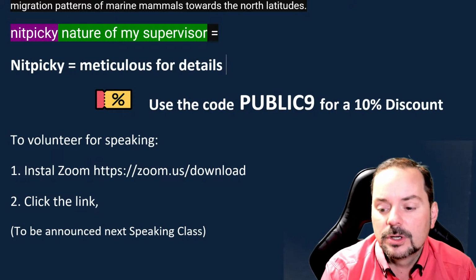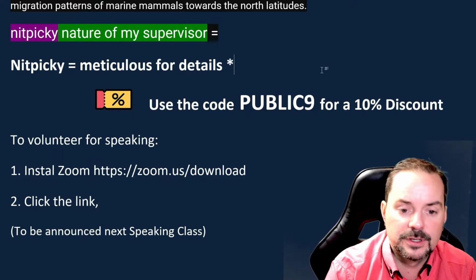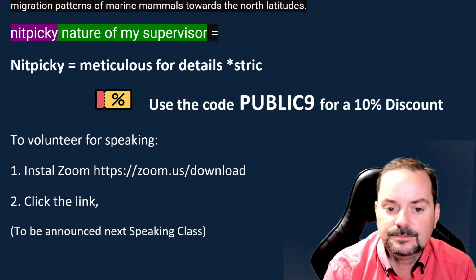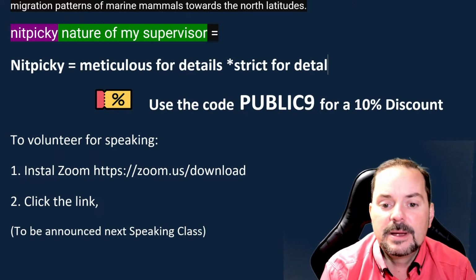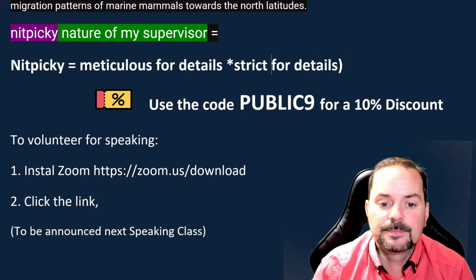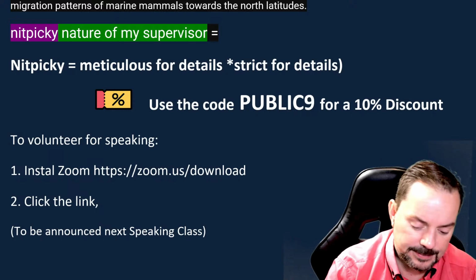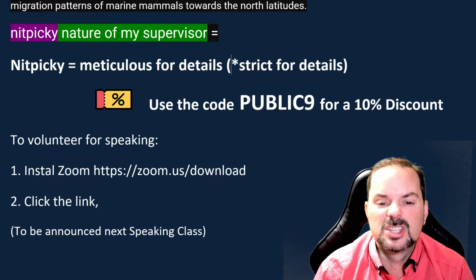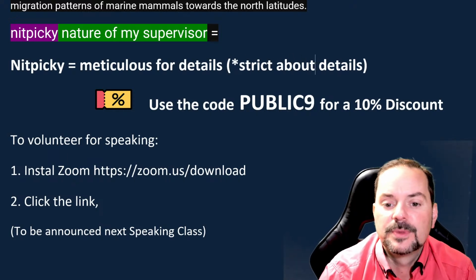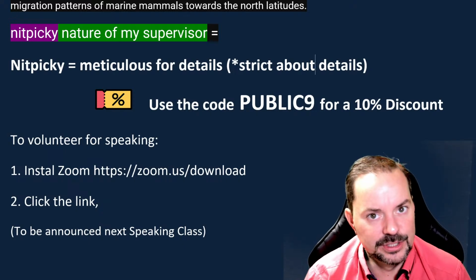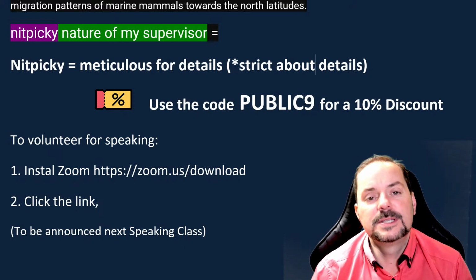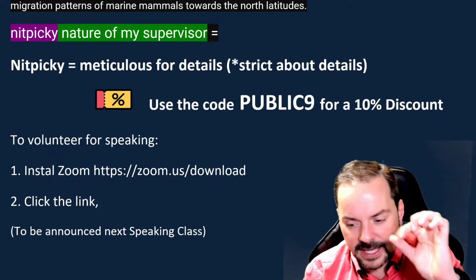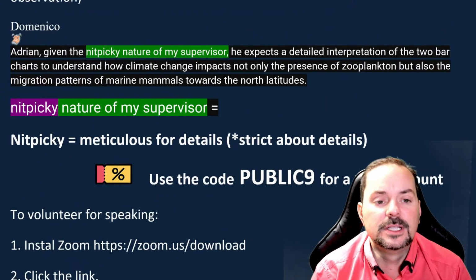So Anahita, you could kind of think about it as strict about details. Because as we say, the devil's in the details. So nitpicky is meticulous for details, like really paying attention to those small details.